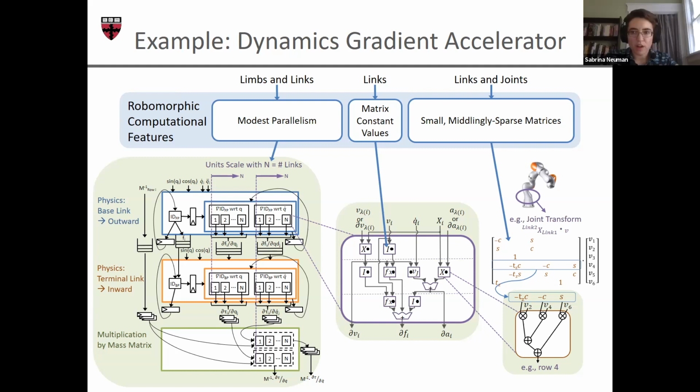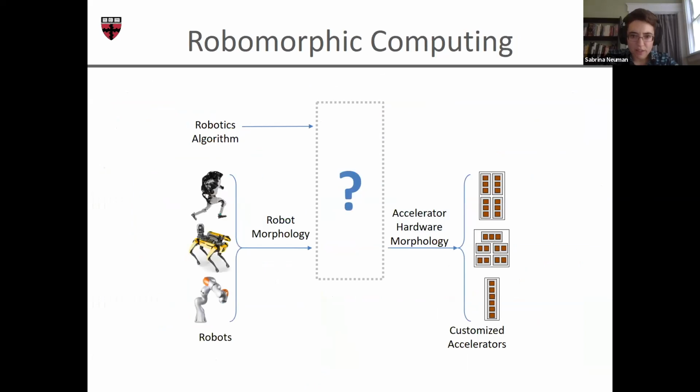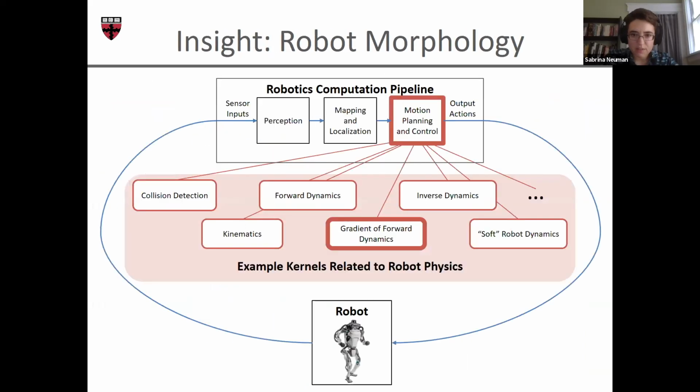That's a very good question. I think it's a little column A, a little column B. Let me flip to this slide. The answer is that I did zoom in on one particular isolated kernel that I was interested in accelerating. But I think you can look at all of the individual tasks that the robot needs to accomplish, especially in the space of motion planning and control, and apply this robomorphic computing lens or filter to the algorithms and kernels in that space.